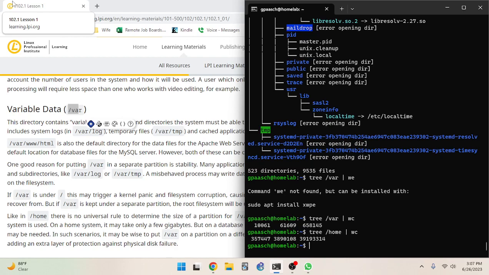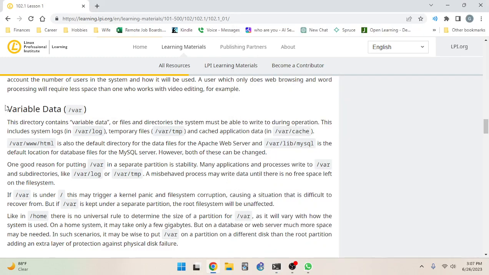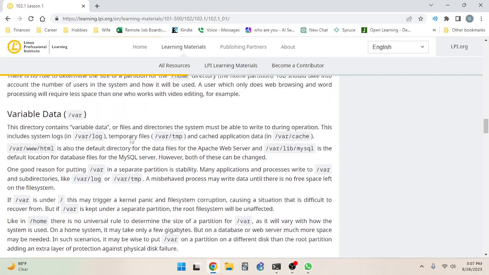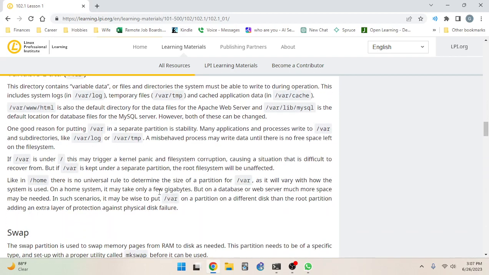So it's bigger by a factor of 10, and it's got more than 250,000 files and folders. It's the big one that has a bunch of stuff in it, right now from my disk. It might be different with variable data if you're doing administration stuff or data analysis stuff.